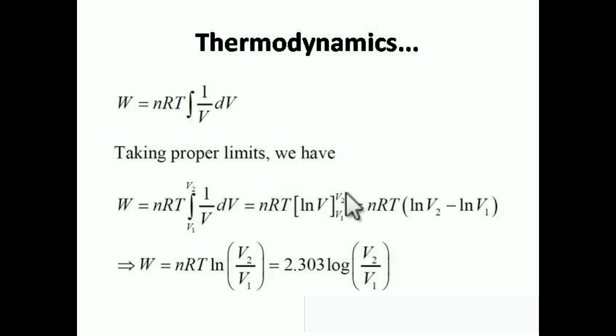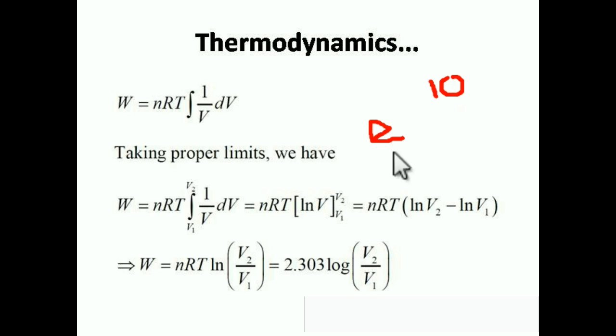Upper limit minus lower limit, that means ln V2 − ln V1. As we know, subtraction of logs can be written as division, so W = nRT ln(V2/V1). Here ln means log with base e. If you have log with base 10, then you have to multiply it by 2.303.